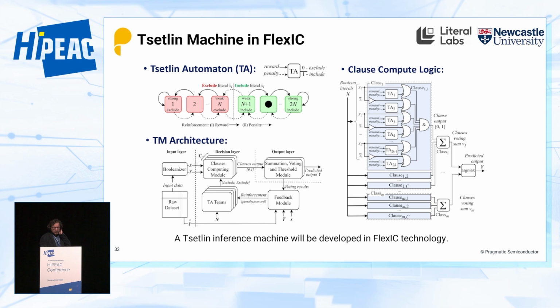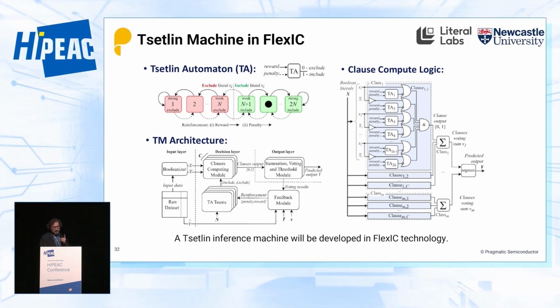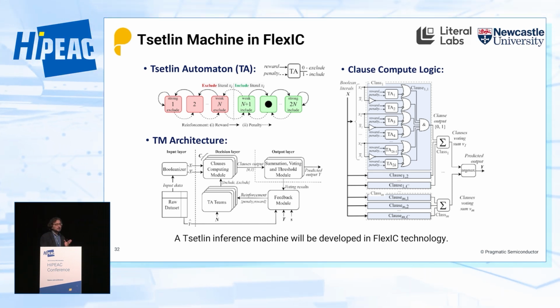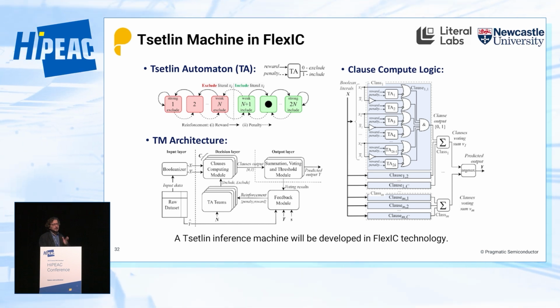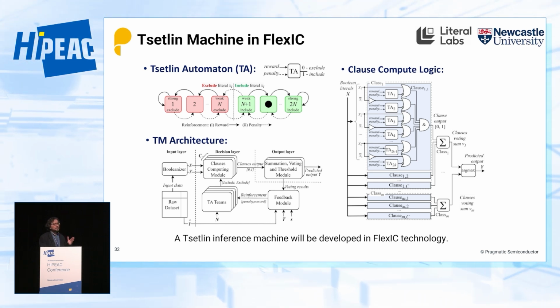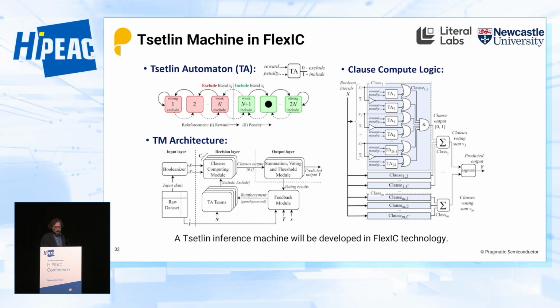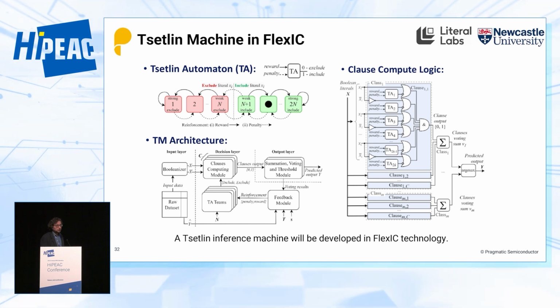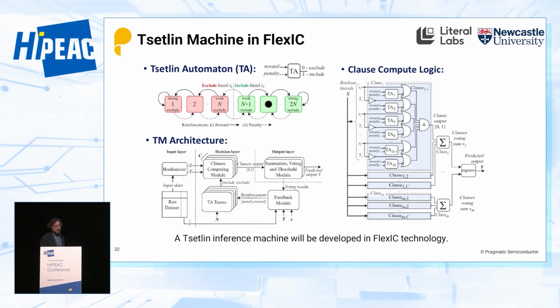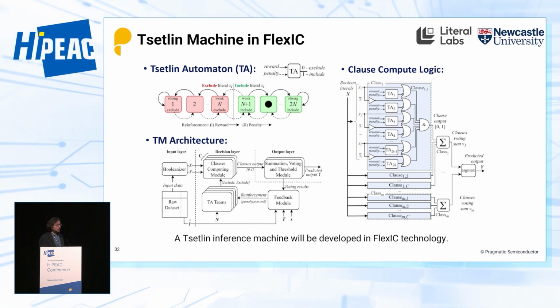Each literal is controlled by a single input, whether to include that literal in the clause or not, include or exclude. That include-exclude learning is done by an automaton called the Tsetlin automaton. So this is the training. It can do online training as well.